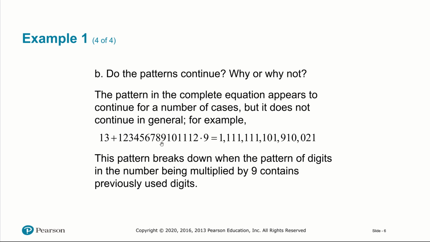As a matter of fact, it tends to break down once any of the digits that have already been used, like 1, is repeated. So we want to be really, really careful and not jump to conclusions about the existence of a continuous pattern in these kinds of problems.